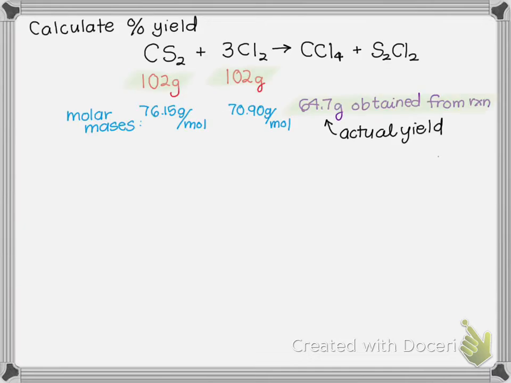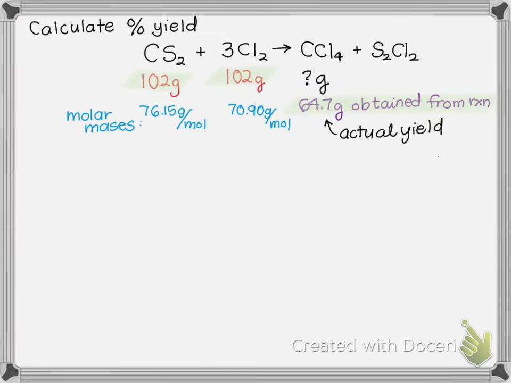So now what I have to do to solve this problem is calculate the theoretical yield from the balanced chemical equation. And so this is a limiting reactant problem, and how I know it is I was given the amounts of both reactants. So I am going to use these two reactants to figure out how many grams of carbon tetrachloride I should produce. Now, before I started the video, I did calculate the molar masses of the two reactants, but I should have also calculated carbon tetrachloride. Let me do that right now.